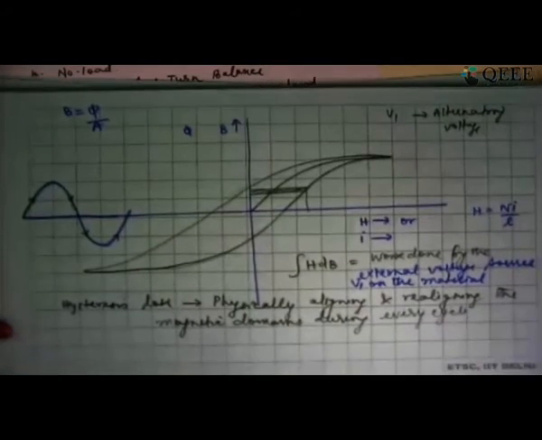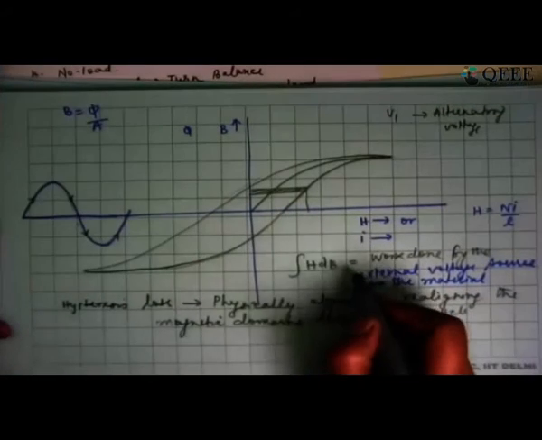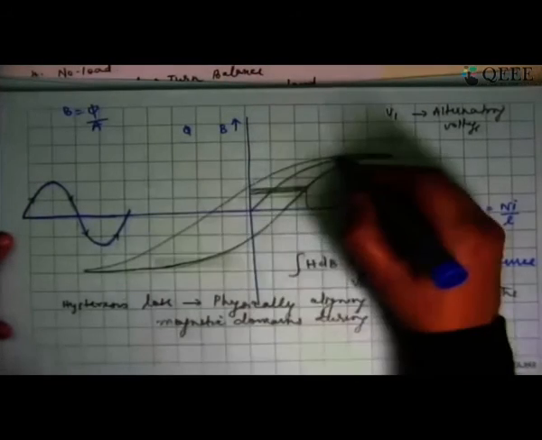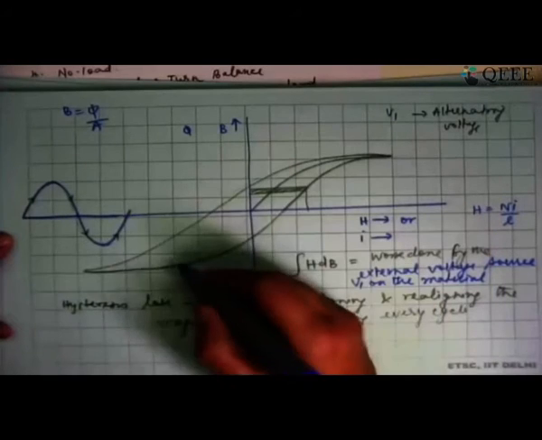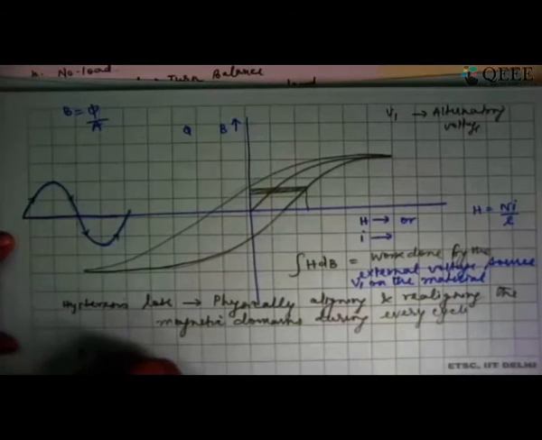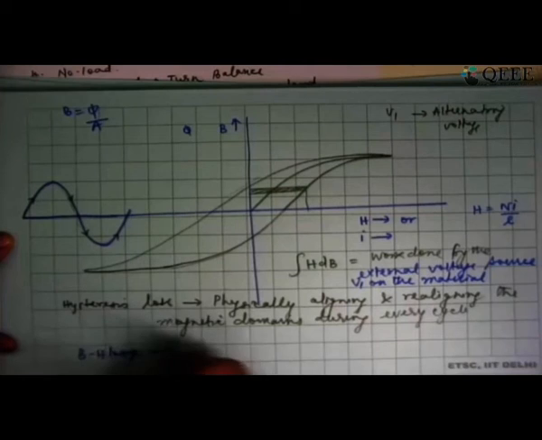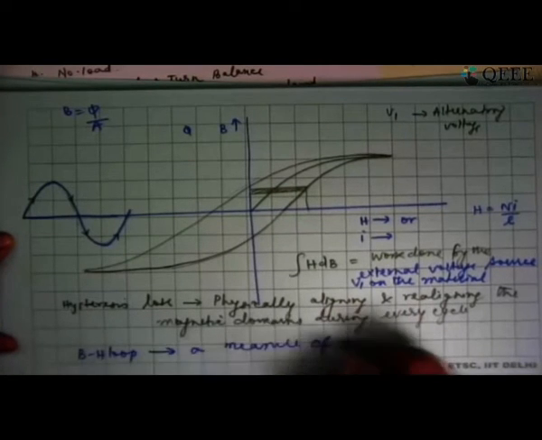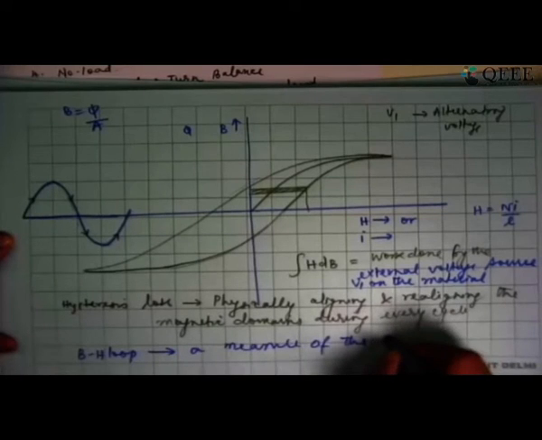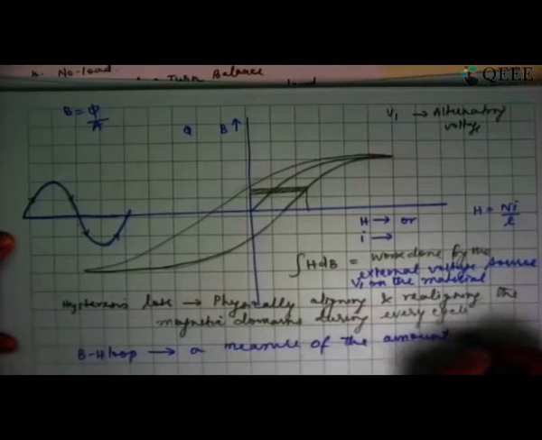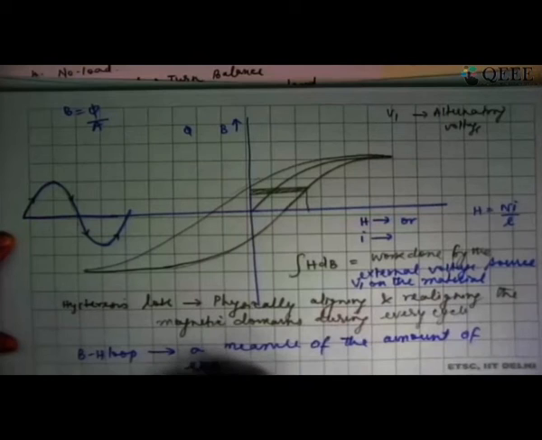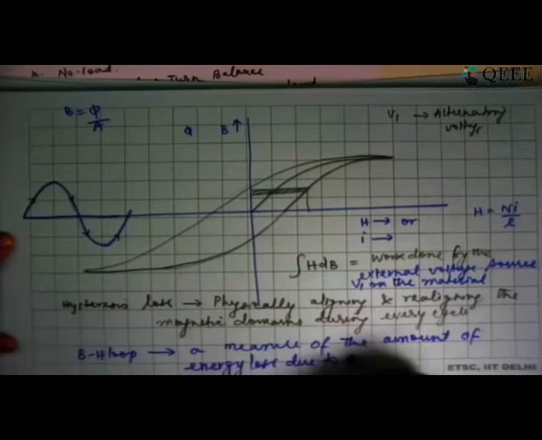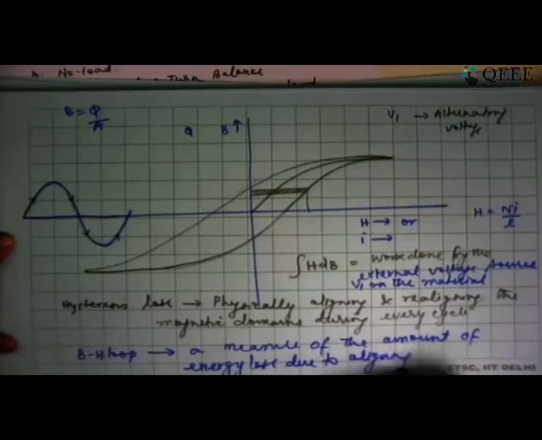So I have to calculate the integral of H dB, and that will give me completely the area under this curve. So the BH loop gives me a measure of the amount of energy lost due to aligning and realigning of magnetic moments.